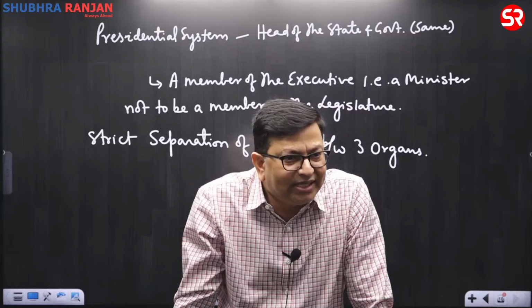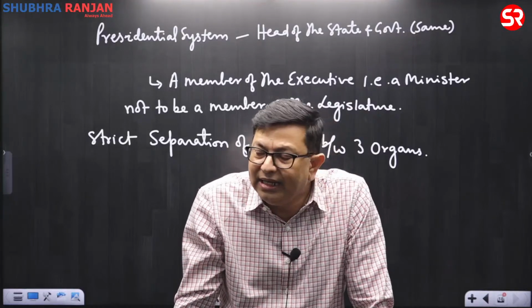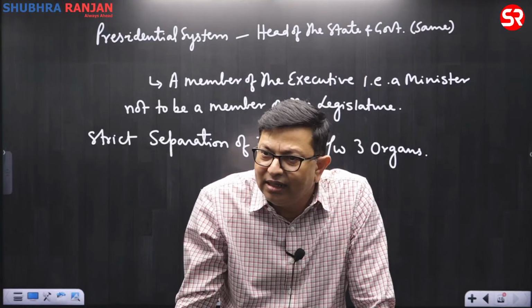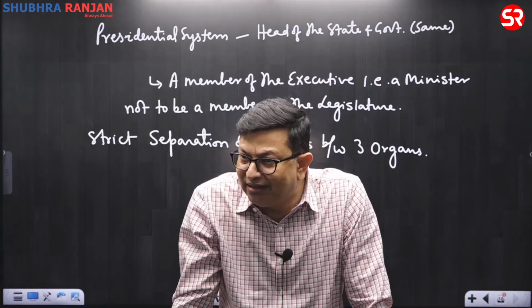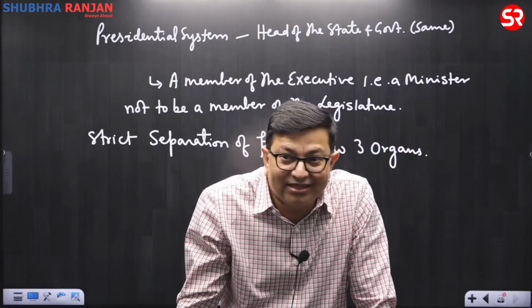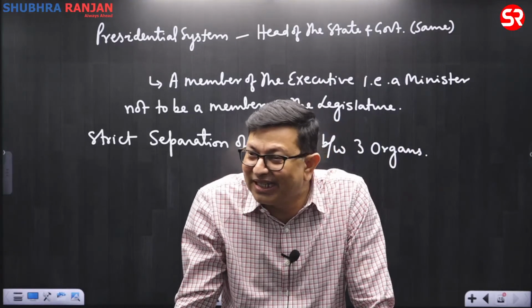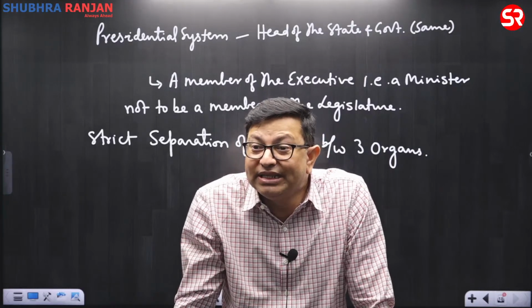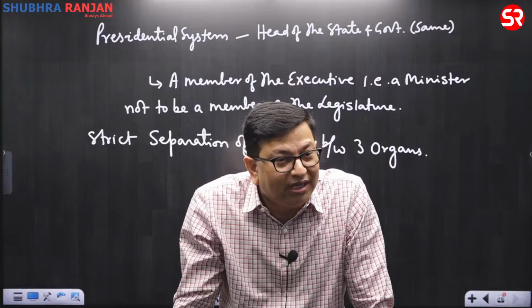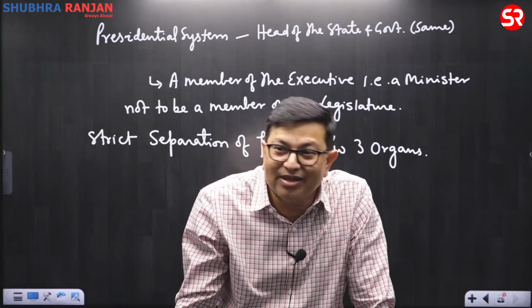Just as we have ministers in India, in America they are termed as secretaries. And if a member of the Senate or House of Representative is appointed as the minister, means the secretary, he will have to resign from the house. Then only he will be taking oath as the secretary or as a minister.